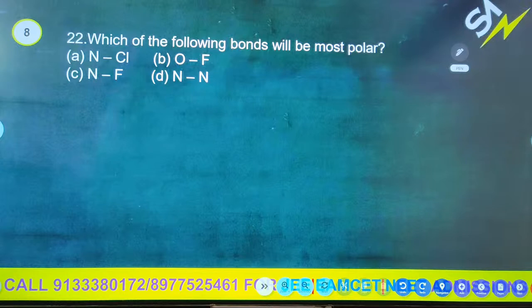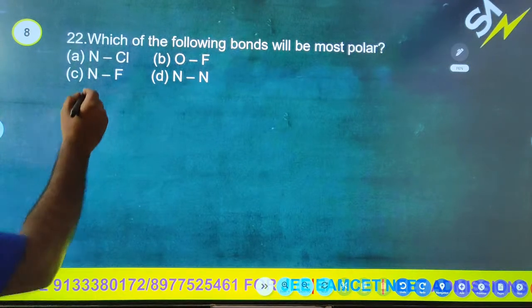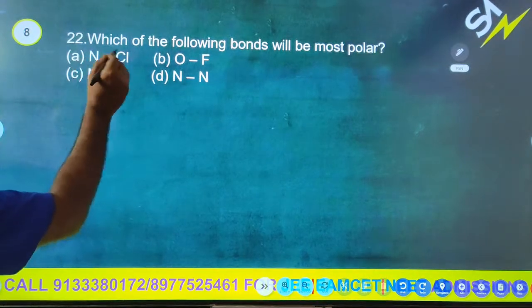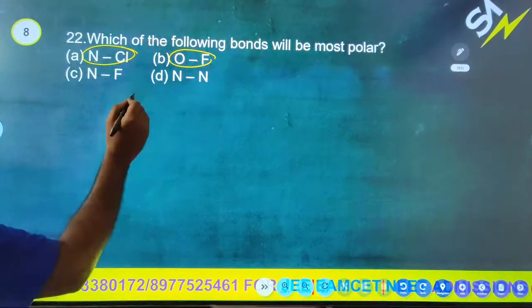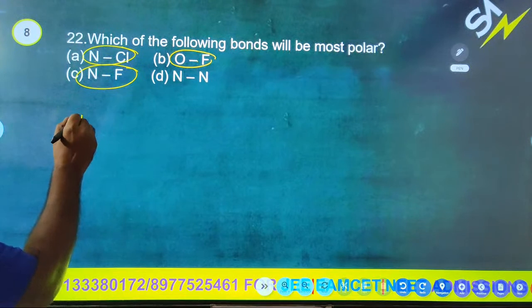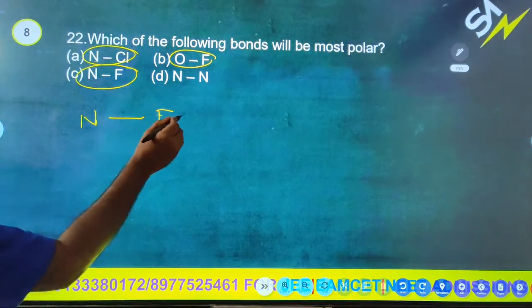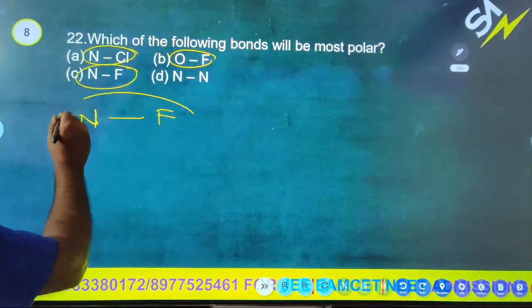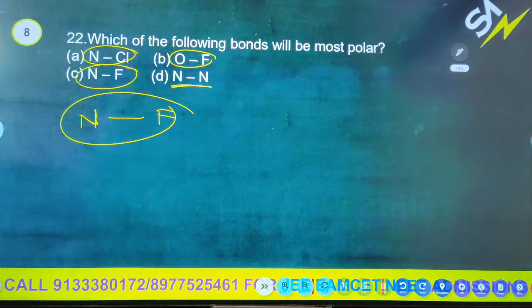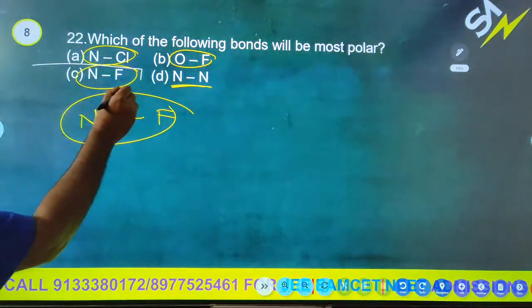So what is the answer then? The answer is C. Nitrogen and chlorine have the same electronegativity. Oxygen and fluorine have a small difference. But nitrogen and fluorine have a large difference in electronegativity. So the answer is nitrogen fluorine, option C.